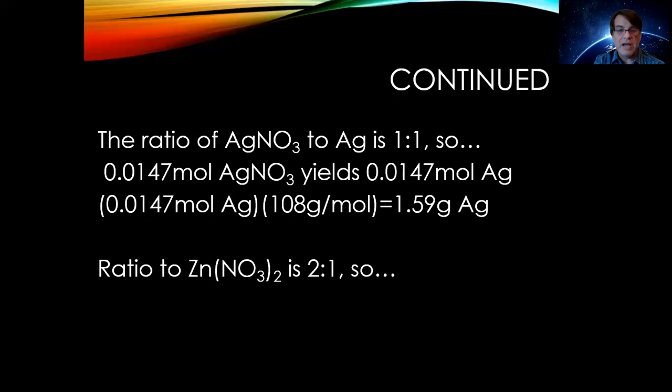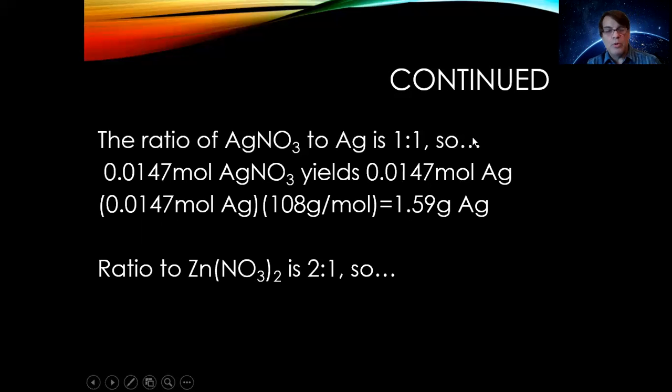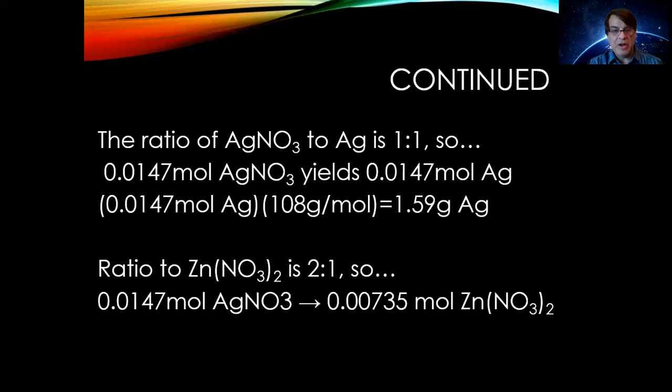The ratio to zinc nitrate, go back to the formula. Okay, so if I have this, how much of this am I going to have? Okay, the ratio is 2 to 1, so I need 2 of the silver nitrate for every 1 I'm going to get there. So if I have 0.0147 moles of this, then I'm going to end up with half as many moles, because it's 2 to 1. This is 2 times this, of zinc nitrate.